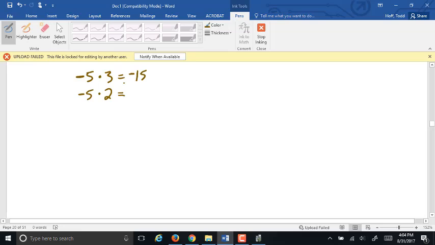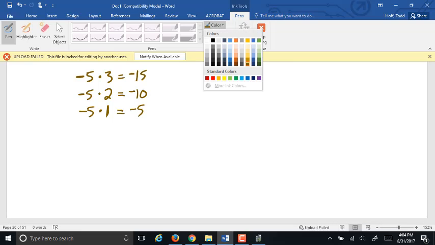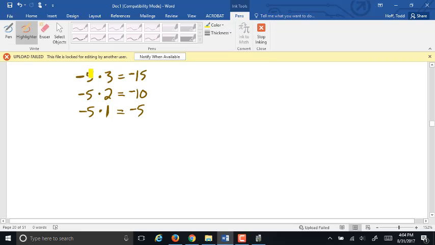What is negative 5 times 2? Negative 10. Good. I'm still starting with a negative 5. And again, I'm going to reduce what I'm multiplying by 1. So if I reduce that by 1, it should be 1, right? 2 minus 1 is 1. Negative 5 times 1 is negative 5.